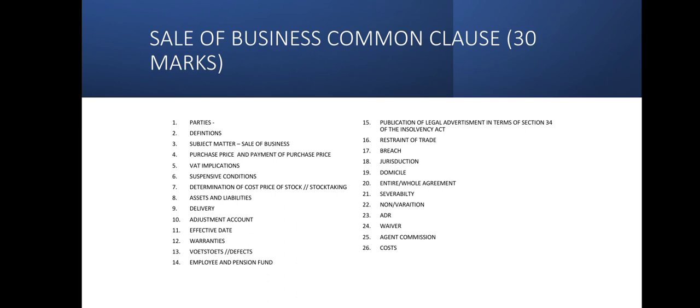The parties agree that any stock which is not marketable, damaged, or unusable for any reason must be excluded from the sale of business unless parties agree otherwise. And the seller's invoices and statements of account in respect of the stock will constitute prima facie proof of the cost price.